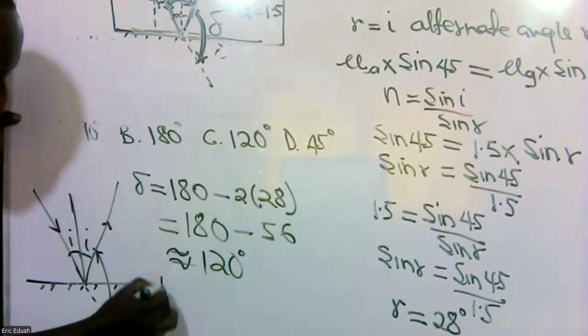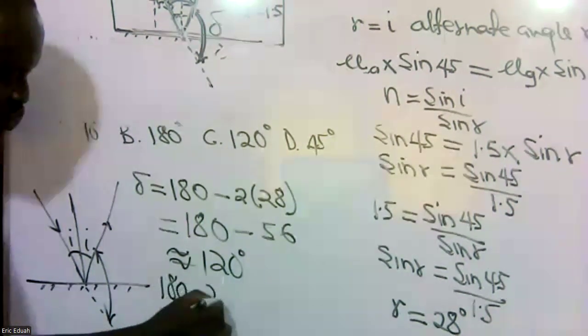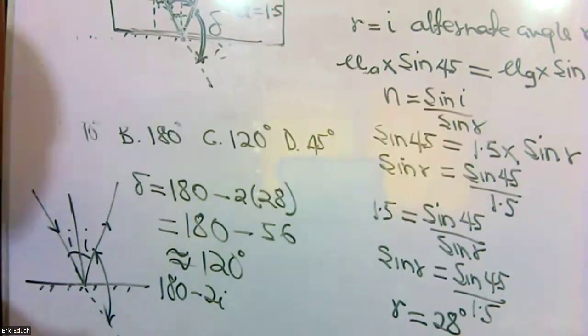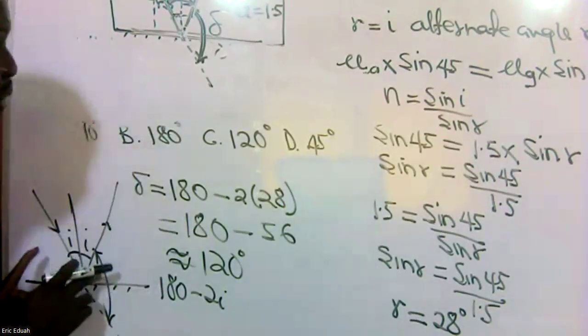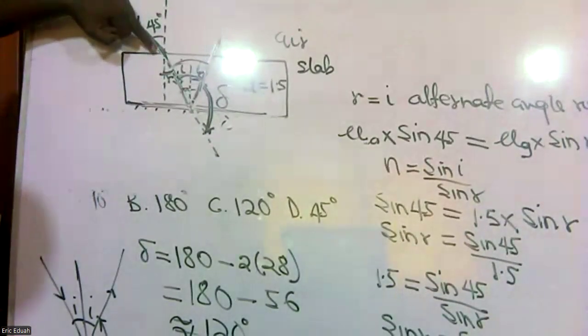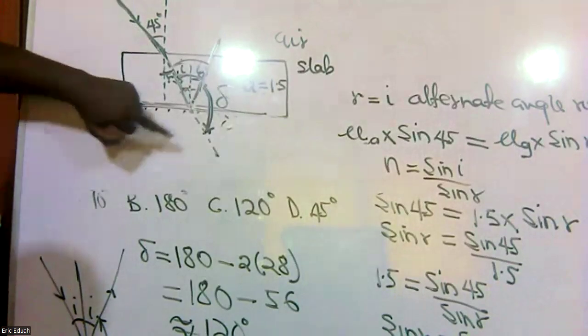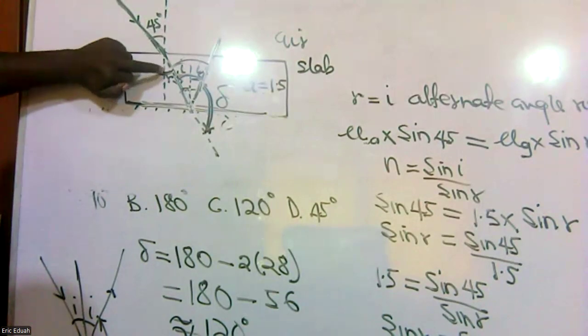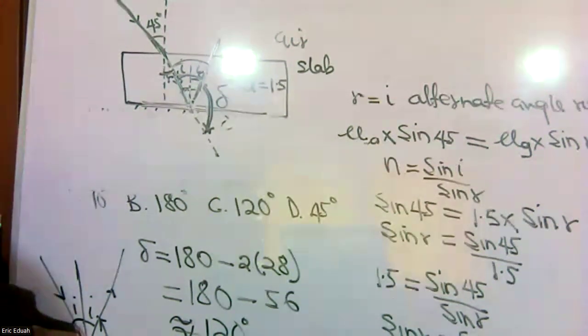This will be equal to 180 minus 2i. The reason why we did not use this directly is that, you see, this is a mirror. In this one, the ray is being refracted, and after that is being reflected. So you must find r. It is not the same as this one.